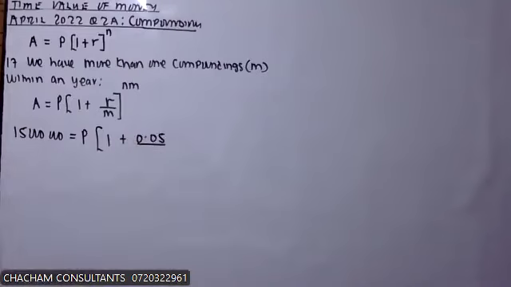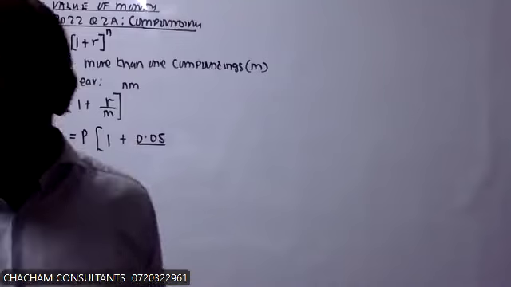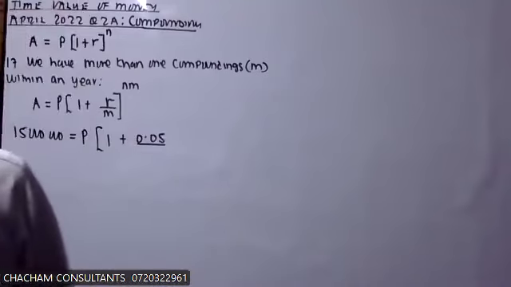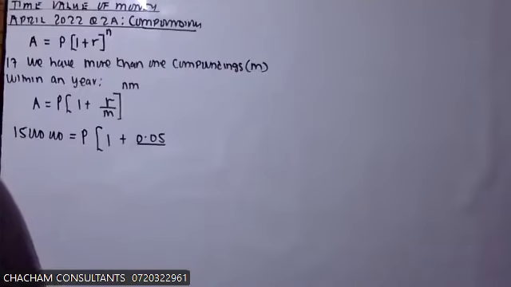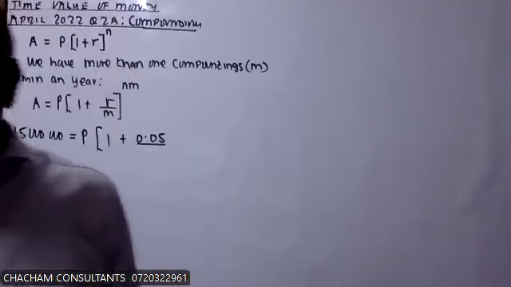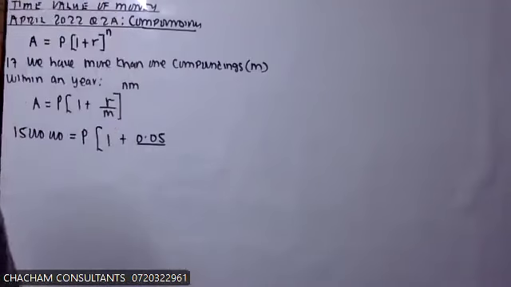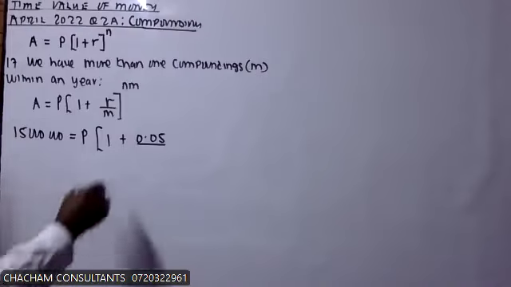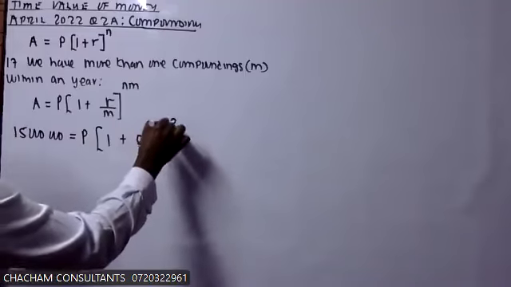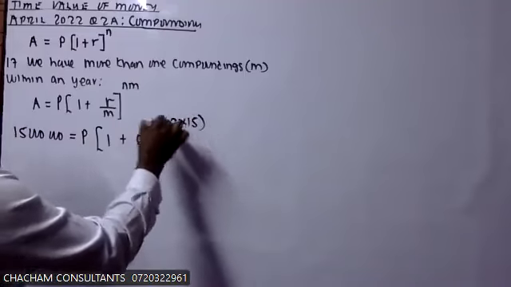So when you are told that compounding is done semi-annually, how many compoundings are there within 1 year? 2. Good. So if there are 2, then it will be 2 times 15 here.